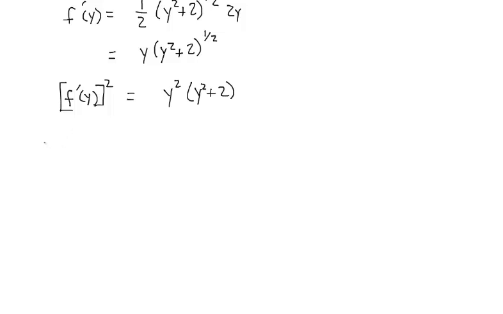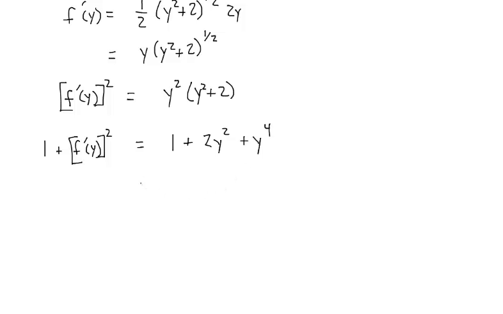So now we want to find 1 plus f prime of y squared, and that is equal to 1 plus, I'm going to multiply the y squared through the parentheses, so I have y to the fourth and 2y squared. So I'm going to write 2y squared plus y to the fourth.